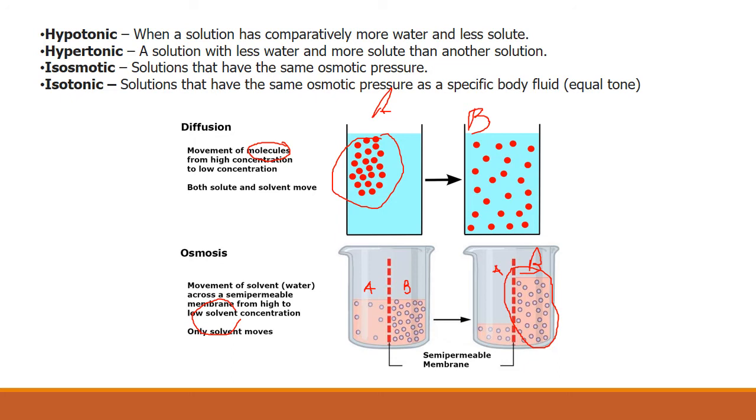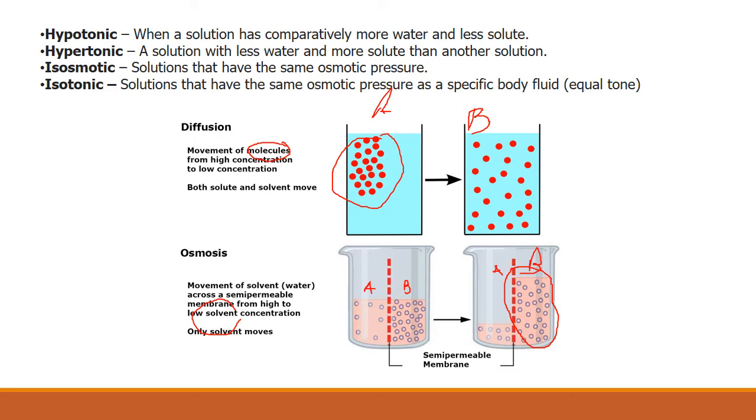So if these are your molecules, they will be transferred to the low concentration of molecules in your B. And when we talk about osmosis, we have movement of solvent water across the semi-permeable membrane from high to low solvent concentration. This time we are talking about solvent. So your solvent there is water, and high to low.